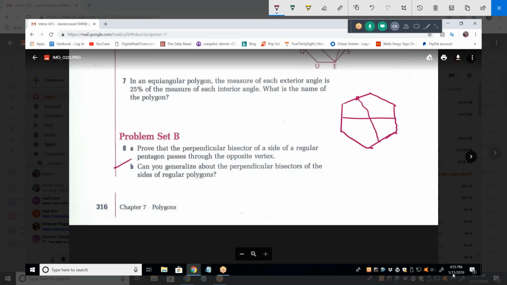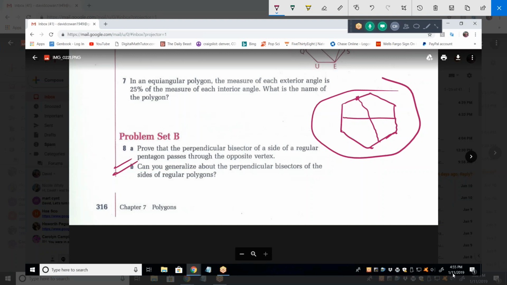Perpendicular bisectors. If it has an odd number of sides, that is true. If it has an even number of sides, it's not true. But it's true for a triangle and it's true for a pentagon. I'm going to guess that it's true for a septagon and a nonagon also.